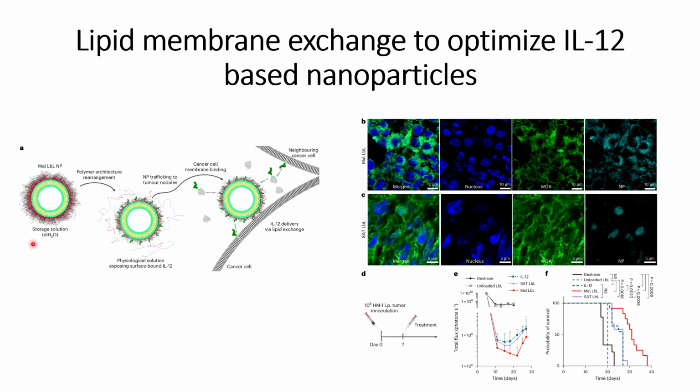When they store it in DIH2O, they are in the condensed form. However, polymer architecture and rearrangement occurs when they move them into the physiological solutions, exposing IL-2, and thereafter they will traffic. Trafficking occurs to the tumor nodules, where they will release IL-2 at a slower rate.